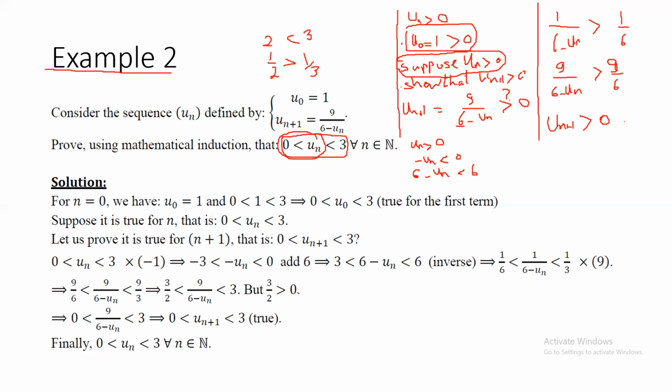Second step, I have to prove that un less than 3. I need to prove this one by mathematical induction. First step, I have u0 equals 1, less than 3.